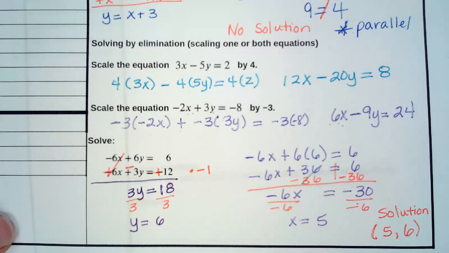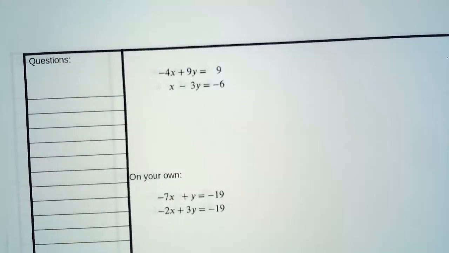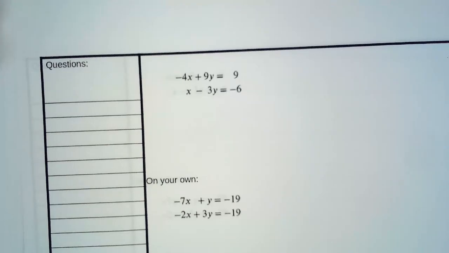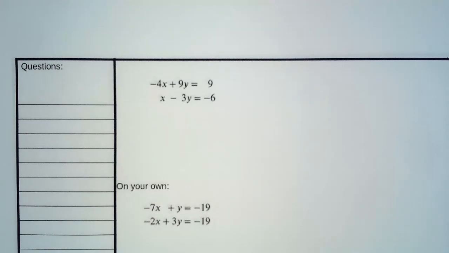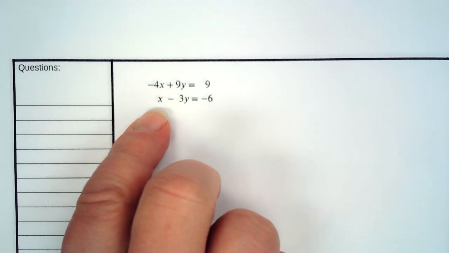We're learning how to multiply to scale an equation to create opposites. Okay, so I have to create opposites, and I'm always going to be thinking about the best way to do that. I've got negative 4x, I've got positive x.